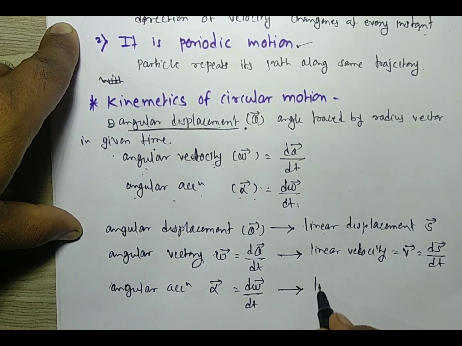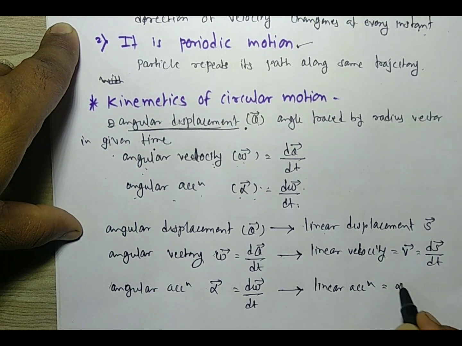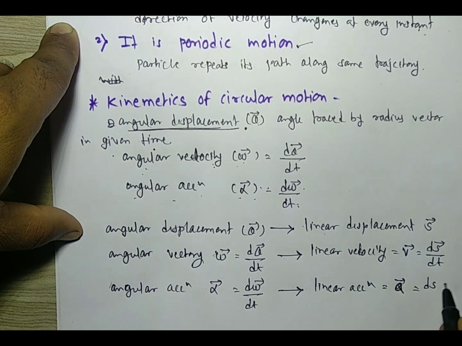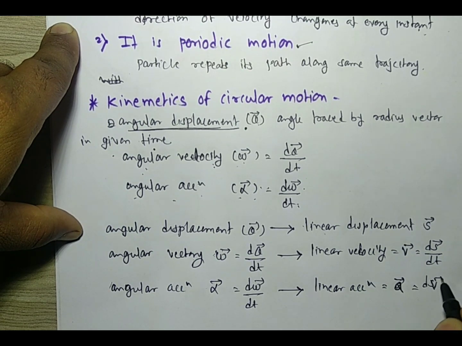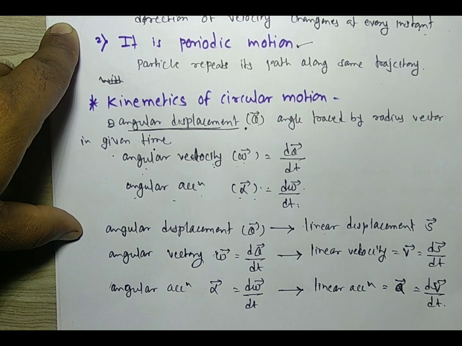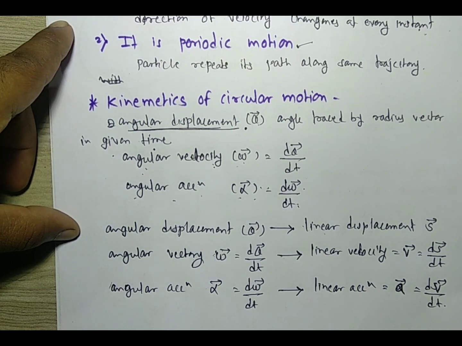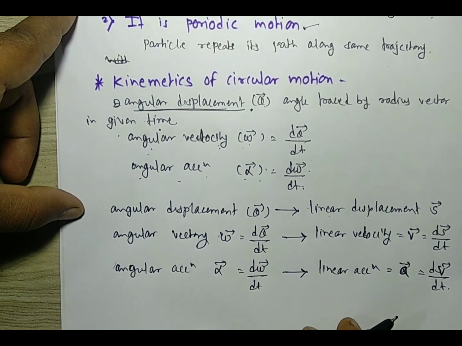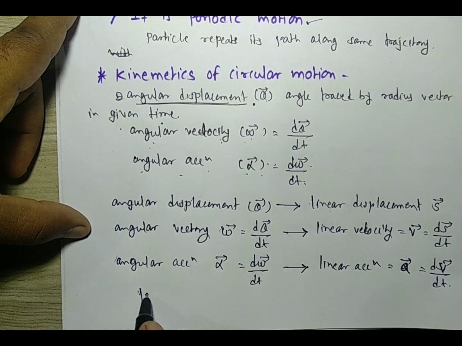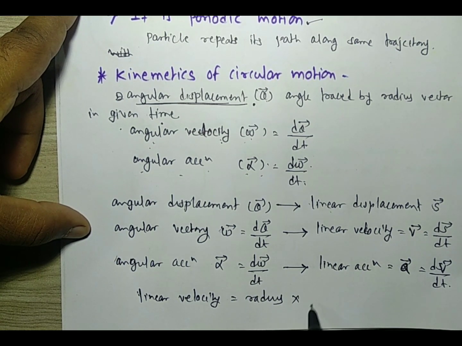It is analogous to linear acceleration, denoted by a bar, which is the rate of change of linear velocity with respect to time. Now we also know that linear velocity is equal to radius into angular velocity.